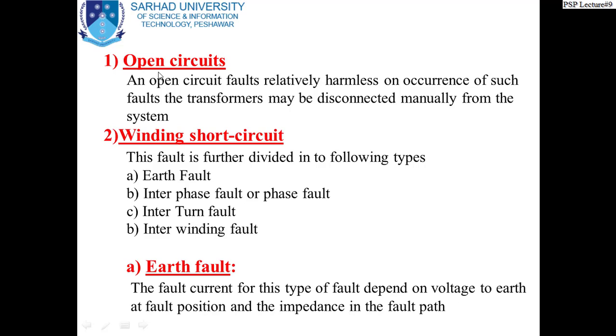Number one, earth fault. The fault current for this type of fault depends on the voltage to earth at the fault position and the impedance in the fault path.